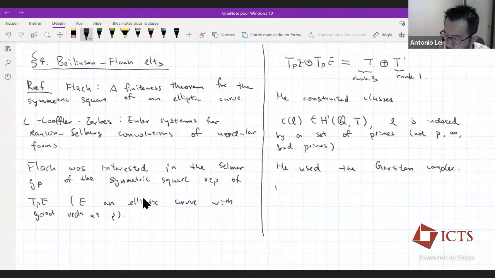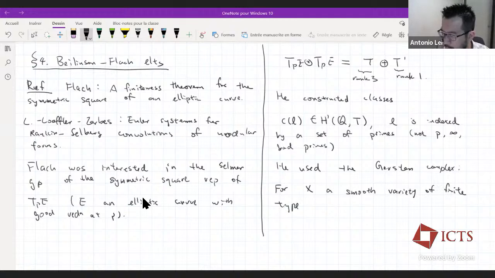Given a variety X, which is, let's say, smooth and of finite type over some field K, then we have the following. I'll write this complex as G(X).